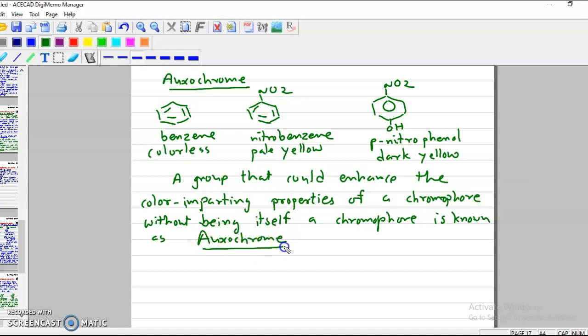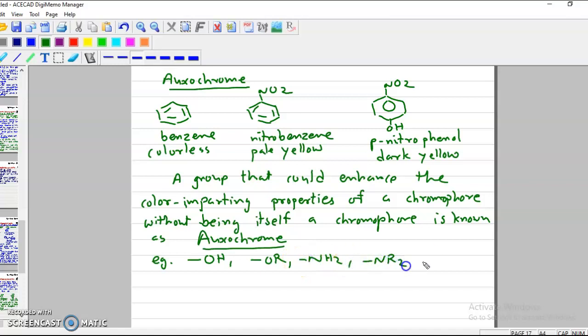So here the OH group is an auxochrome. Why? Because it will increase the color of nitrobenzene. So these are examples of auxochromes like OH, OR, NH2, NR2, etc.